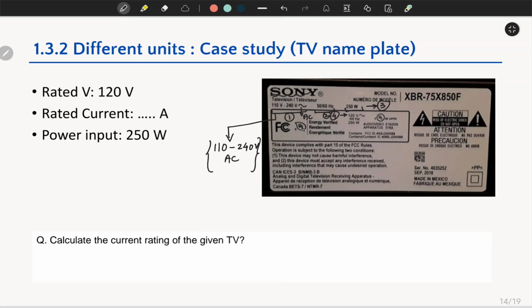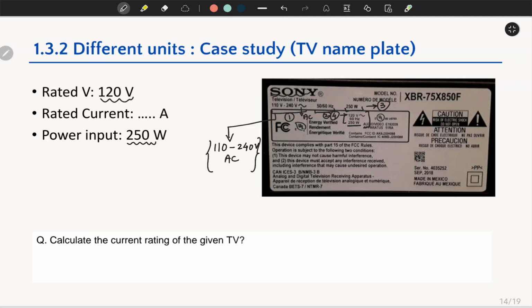These are basically the frequencies of my sinusoidal waveform. Now this 250 watt is applicable when my voltage is 120 volt and my frequency is 60 hertz. So the power input for the television is 250 watt at 120 volt.